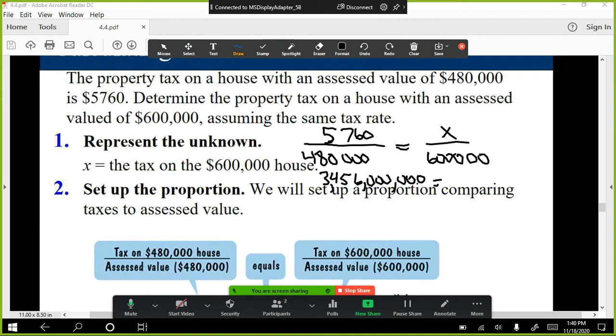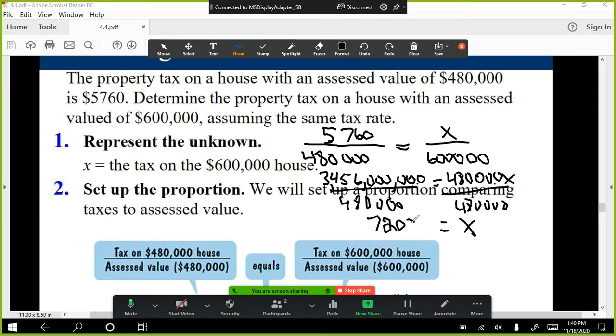So 3 billion, and then that's 480,000 x, which means I divide by 480,000. So I'm going to divide that number in my calculator by 480,000, and I end up with 7,200.